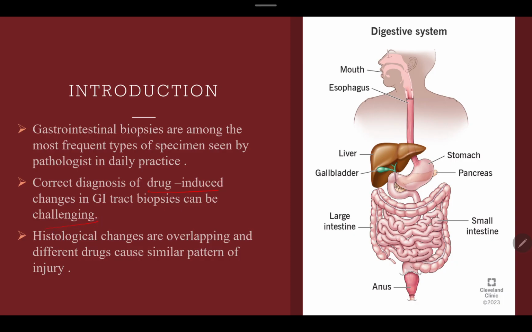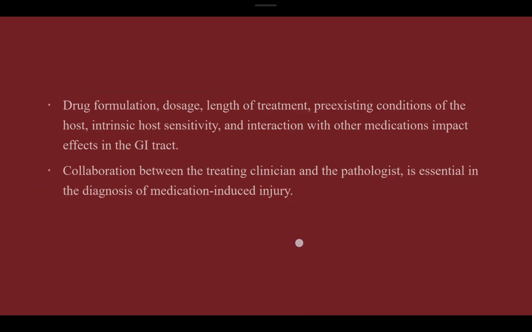These histological changes can be overlapping, and different drugs have a different pattern of injury. It depends on the drug formulation, the drug dosage, the length of treatment, the pre-existing conditions in the host, the intrinsic host sensitivity, and interactions with other medications. All these affect the changes seen in the GI tract with the different drugs taken.